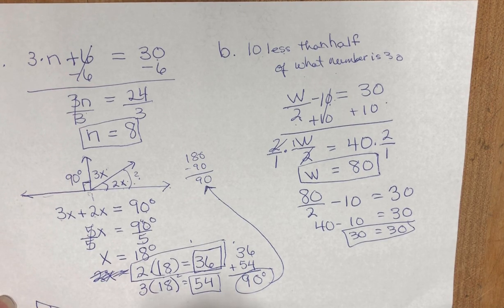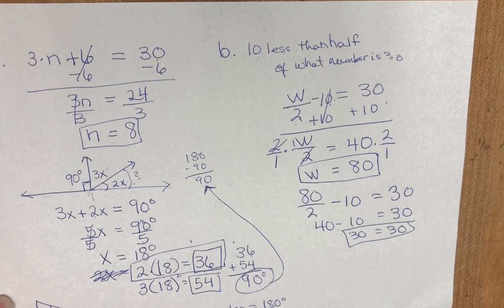And we know that all three angles equal something. Equal 180 degrees. So we're going to say 2x plus 3x plus x is going to equal 180 degrees, correct?